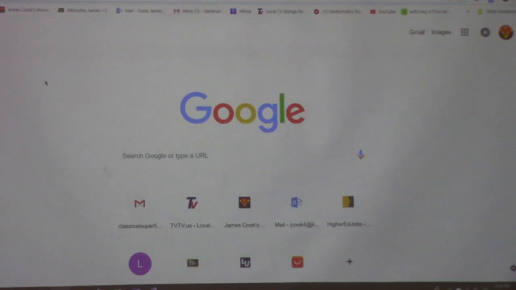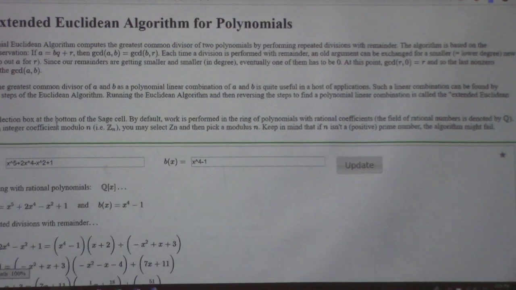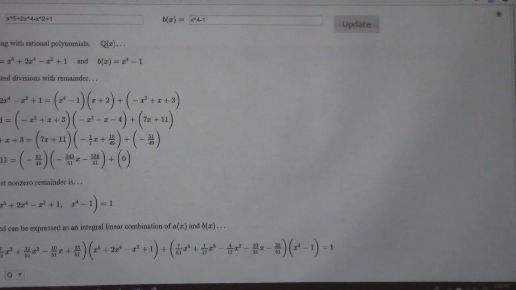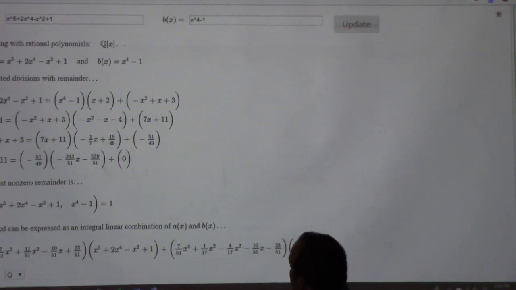We call q the quotient and r the remainder in the division of f of x by g of x. He did develop this extended Euclidean algorithm for polynomials where it will actually divide polynomials essentially. So here we're looking at x to the 5th, blah, blah, blah, divided by x to the 4th minus 1.